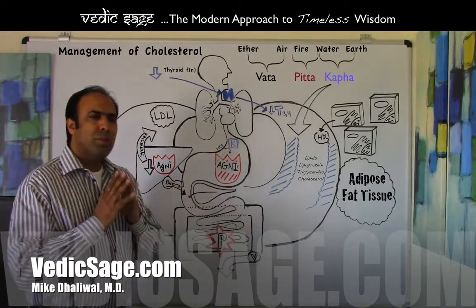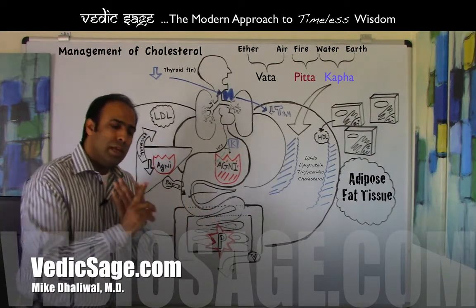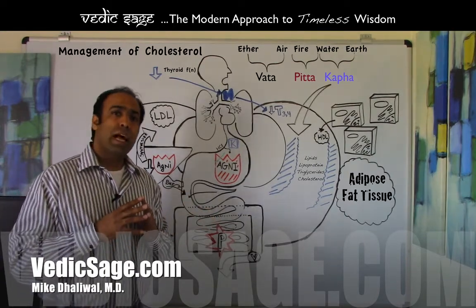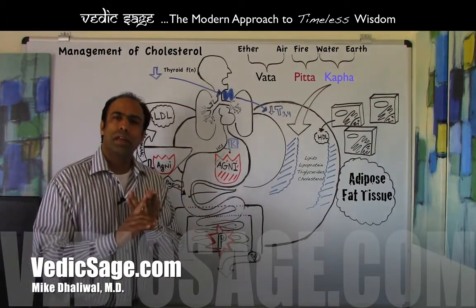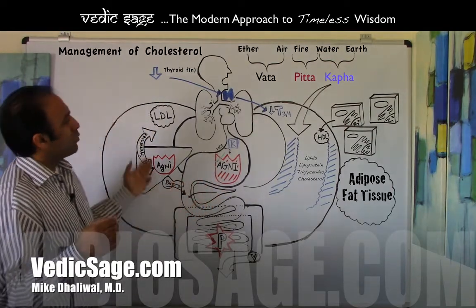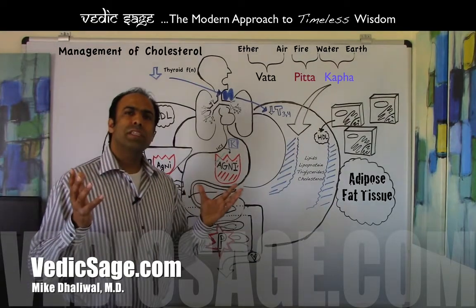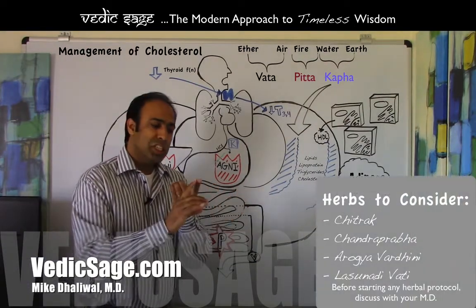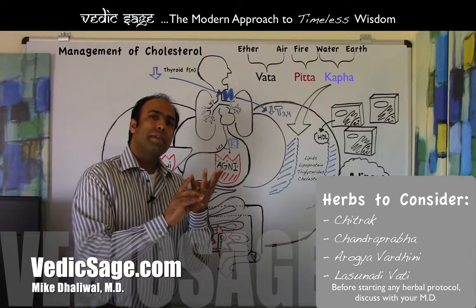So therefore, apart from just managing one's diet, for example, reducing fatty fried foods and incorporating exercise into one's lifestyle, Ayurveda also considers that cooking with onions and garlic will help to reduce the cholesterol level and help to reduce the viscosity within the blood and circulation. Also, you may want to consider certain herbs such as Chitrak, Chandraprava, Arogya Vardhani, Lasunadi Vati.